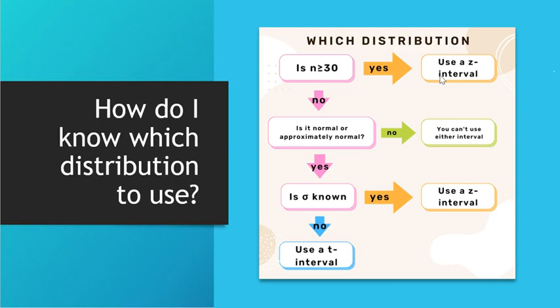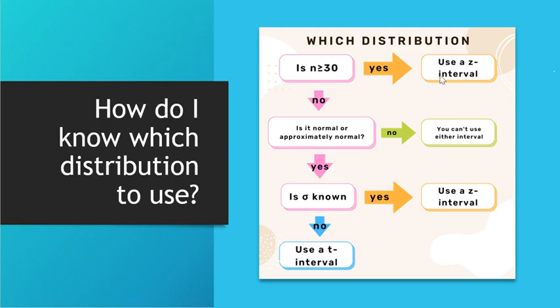If the problem says yes, this is true, then do we know sigma? And sigma here is the population standard deviation. Now this is very important. Just taking a sample and the standard deviation of that sample, that is not sigma. That is that SX. So if you don't know this sigma, if the problem doesn't either show this symbol or say population standard deviation, then you're going to use the T interval on your calculator.